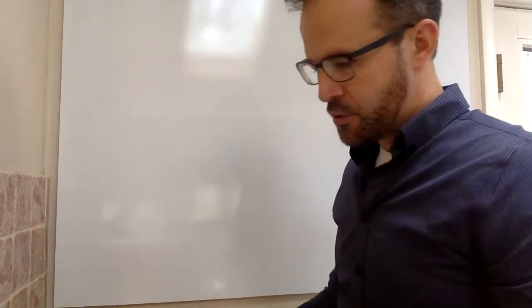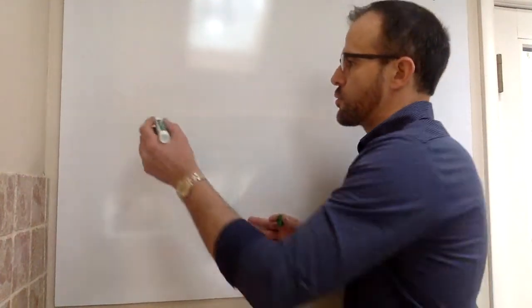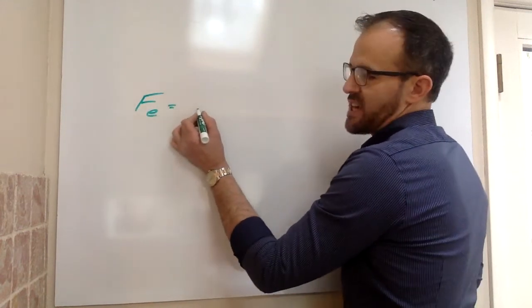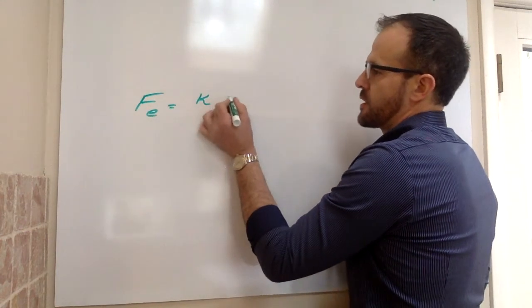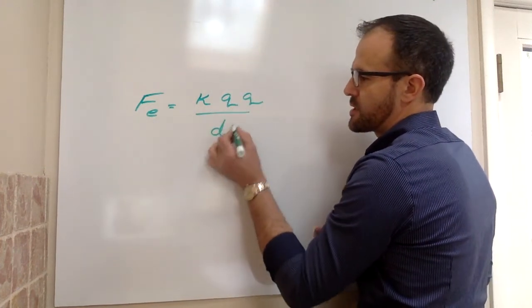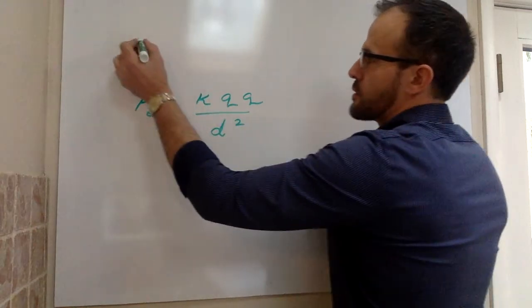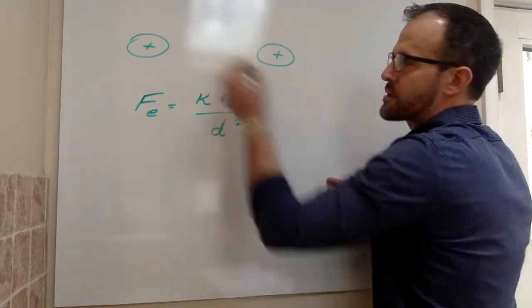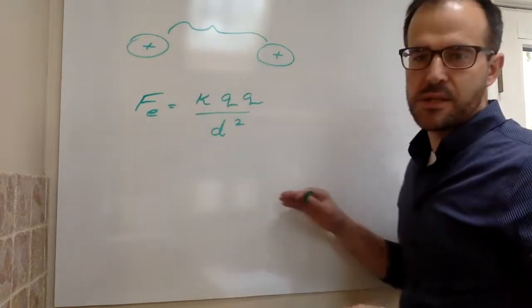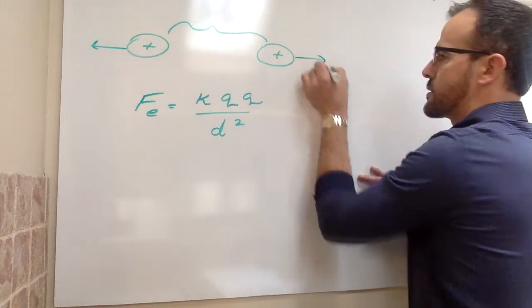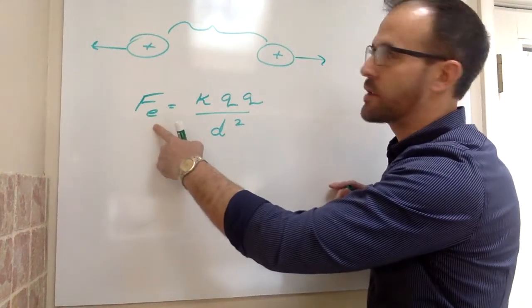So really you just need to plug it into Coulomb's law. Coulomb's law is the electrostatic force is a constant K times the charge of each object divided by the distance between them squared. So in this problem we have two positively charged objects. They are some distance apart and they're going to have a repulsive force, and that's what we'd be solving for here.